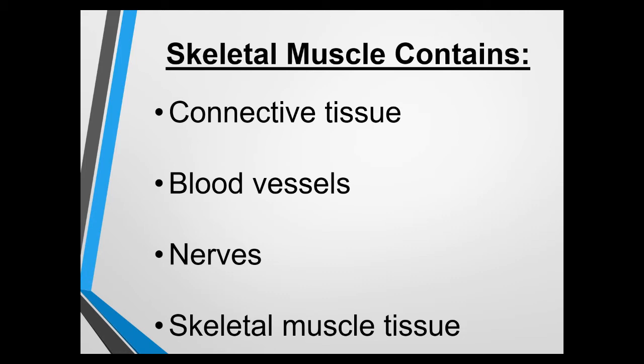It's going to have blood vessels and nerves, and these are going to be found in the connective tissue layers of the epimysium and the perimysium. Now, the contracting muscles take a lot of energy, so we need a lot of blood supply, a lot of vascular network, so we can supply the muscles with a lot of oxygen and nutrients.